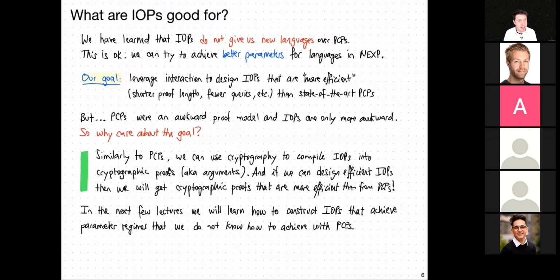They were specifically thinking about applying PCPs towards delegation of computation, but they did not say anything about how you would ever realize this model, okay?